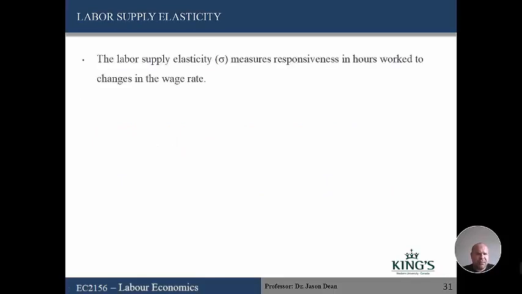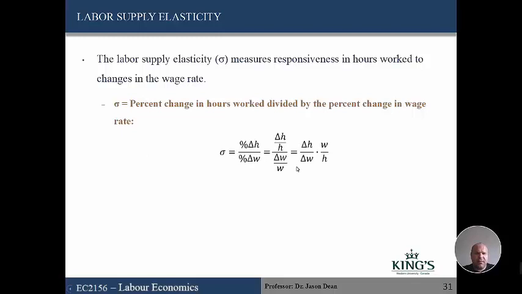Labor supply elasticity measures the responsiveness in hours worked to changes in the wage rate. So we have that represented by sigma, percent change in hours worked divided by the percent change in the wage rate. So the labor supply elasticity is equal to the percentage change in hours worked over the percentage change in wages. And we can rewrite that as follows.